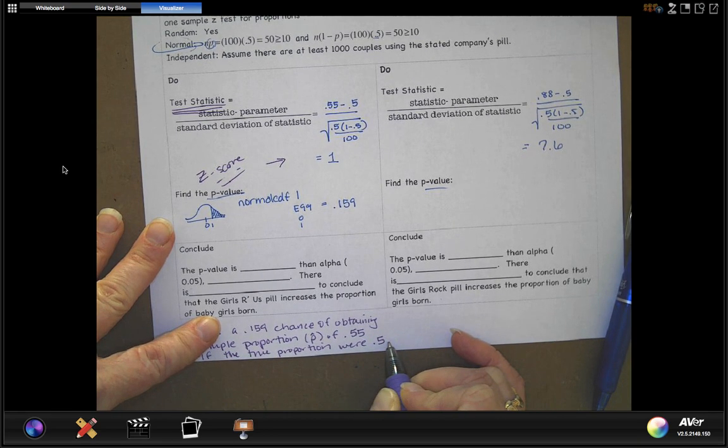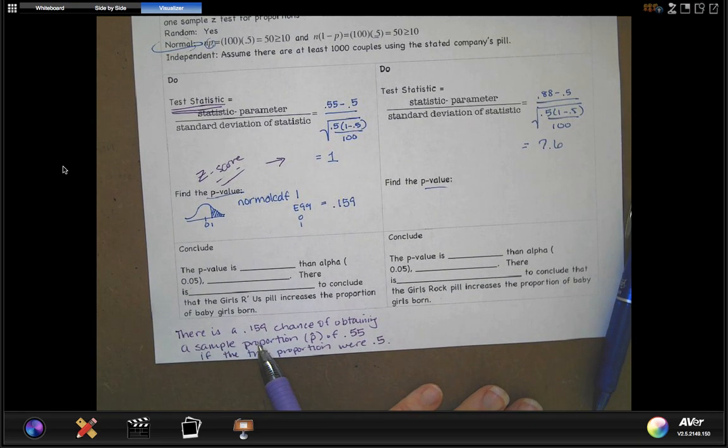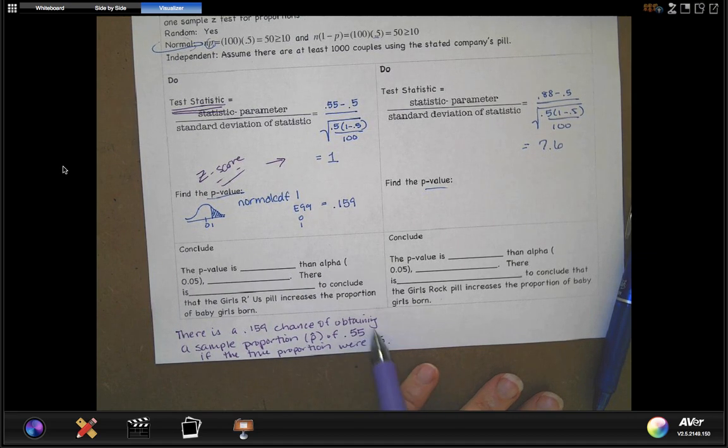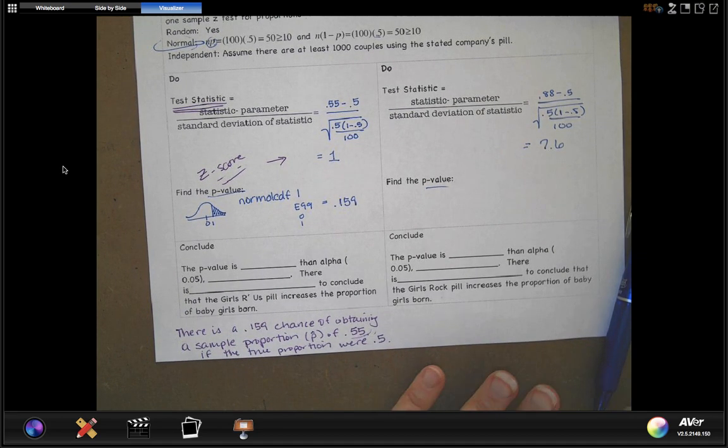So if p was really 0.5, it's pretty likely that I will see this value.